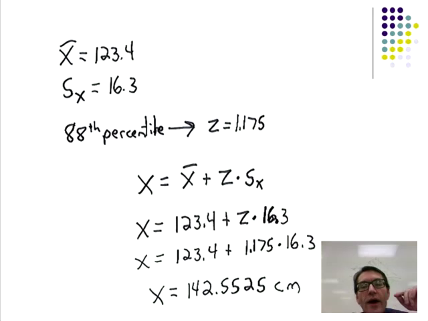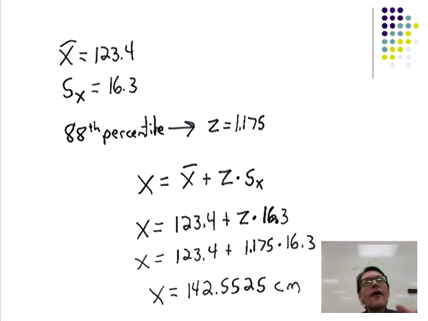So in this equation, we get x equals 123.4 plus 1.175 times 16.3. Do the math on it, and we find out the child who was told they were at the 88th percentile is 142.5525 centimeters tall. Okay? What a beautiful thing.